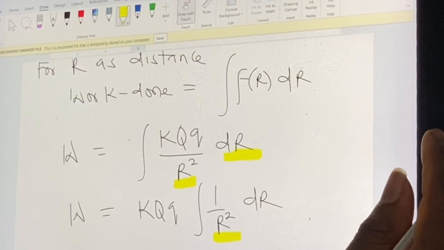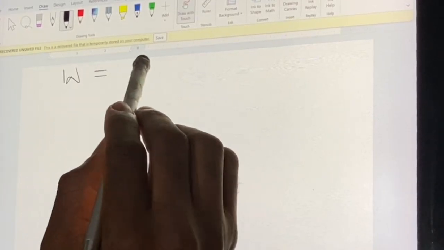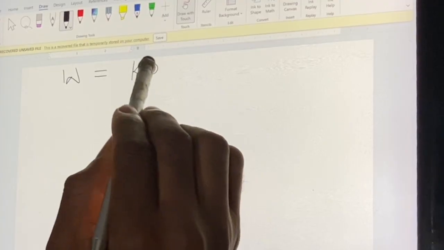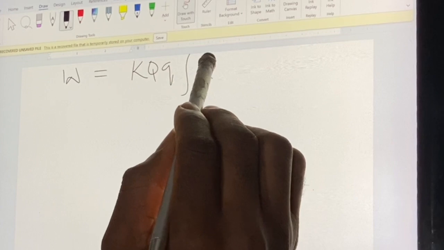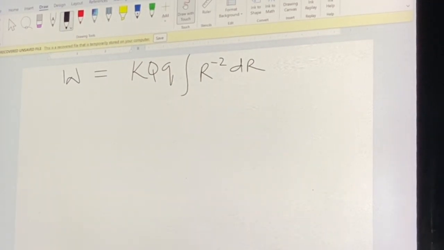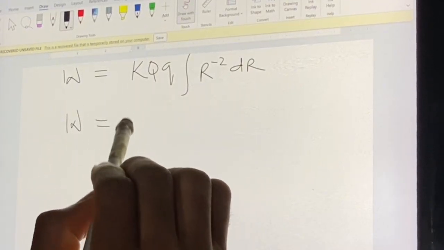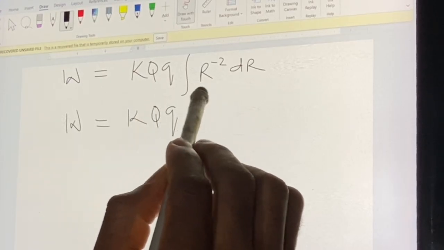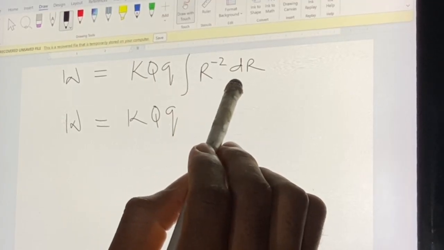Making the expression linear, I will have W equal to K Q q integral of r raised to minus 2 dr. Using the power rule, I will add 1 to the power and divide by the new power.